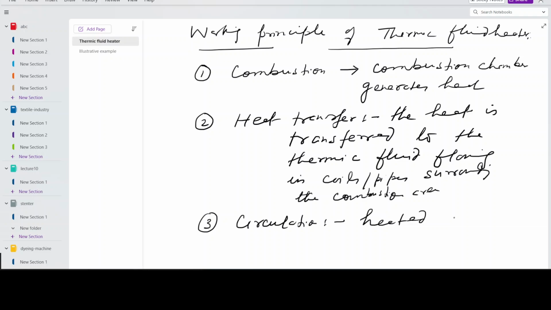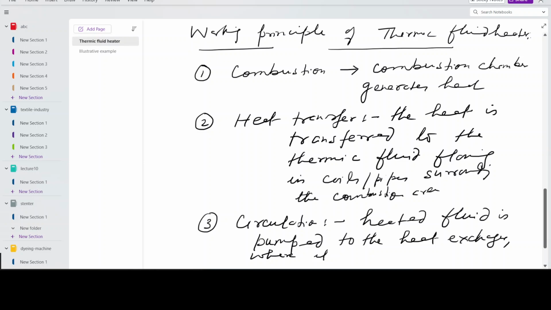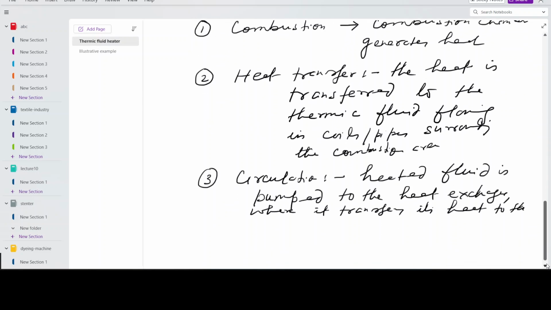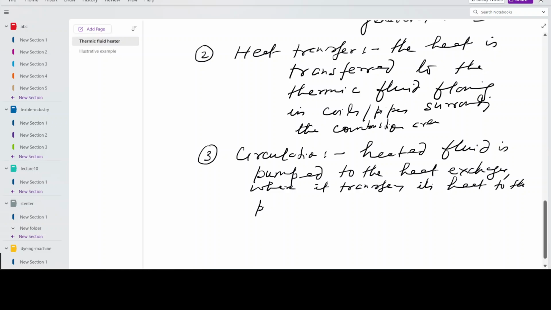Heated thermic fluid is pumped to the heat exchanger where it transfers its heat to the process, and lastly it returns.